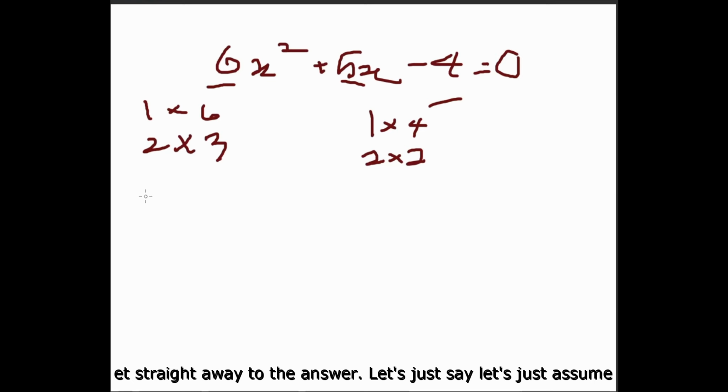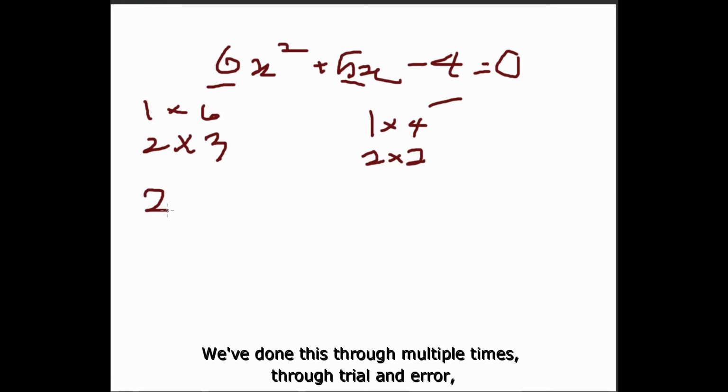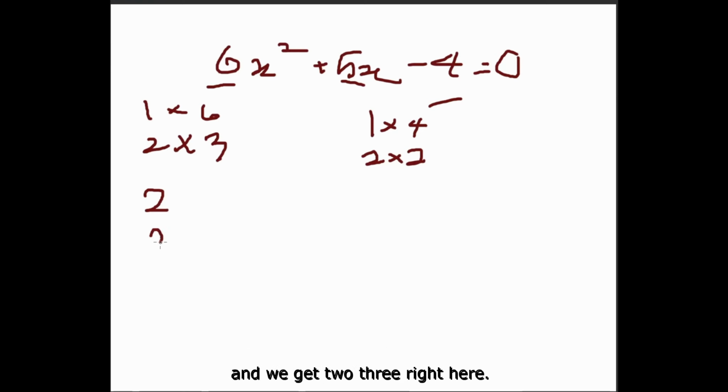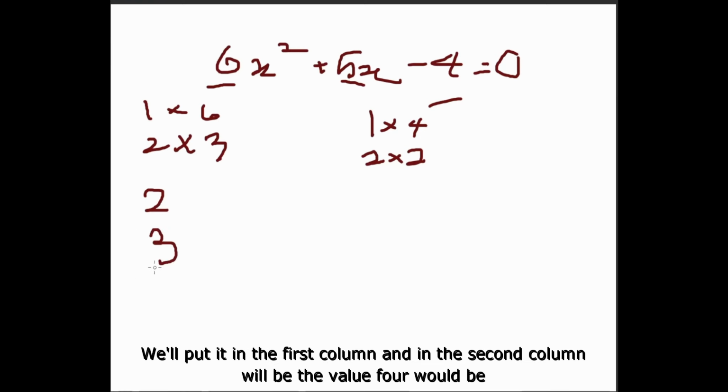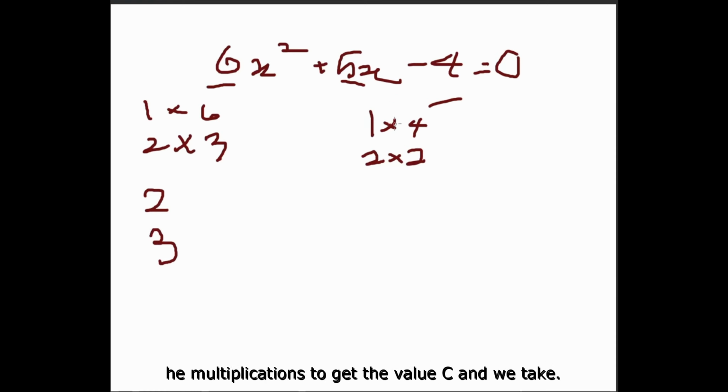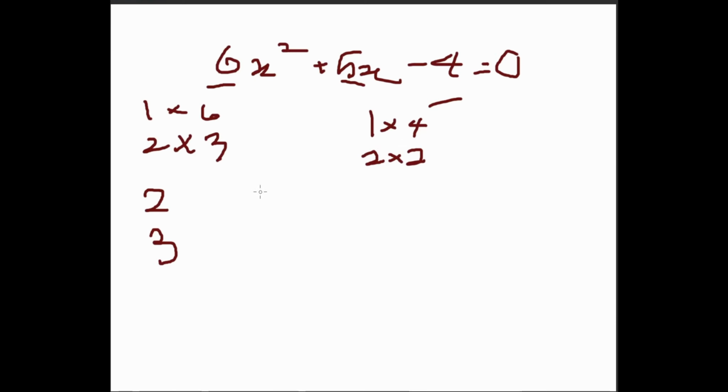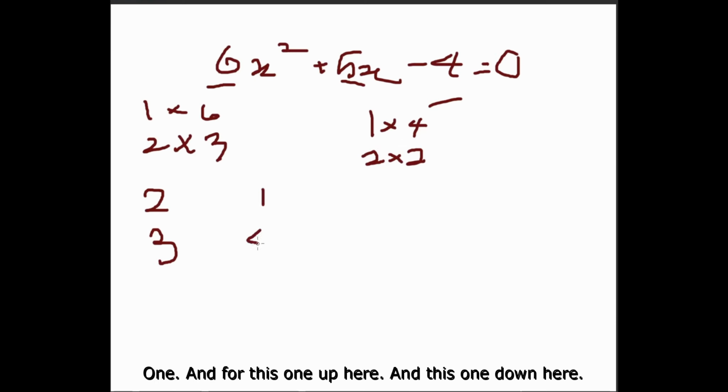Let's just assume we've done this multiple times through trial and error, and we get 2, 3 right here. We'll put it in the first column, and the second column will be the multiplications to get the value c, and we take 1 and 4, this one up here and this one down here.